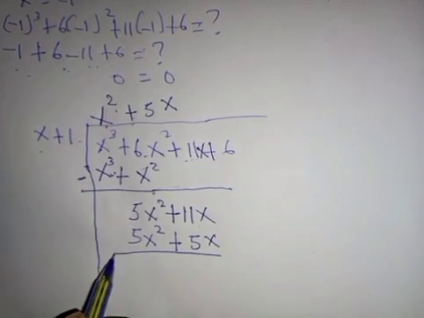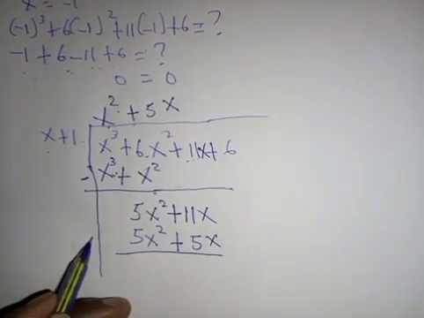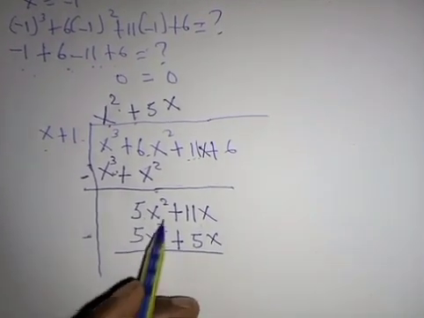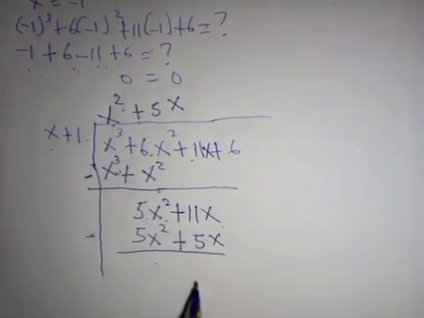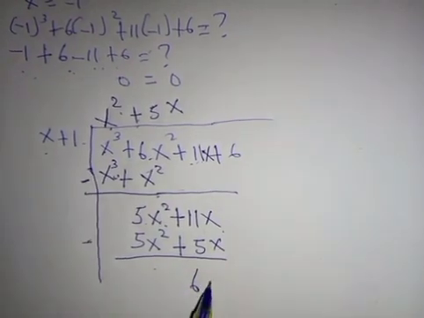So the next level, you also eliminate these two by subtracting. So 5x squared minus 5x squared will give us 0. 11x minus 5x will give us 6x.